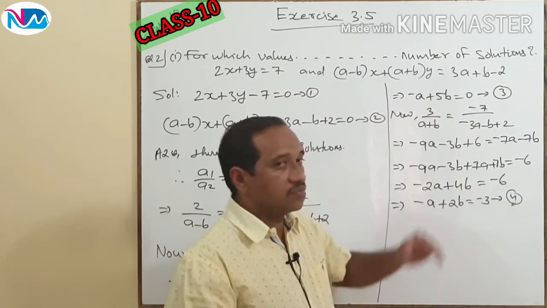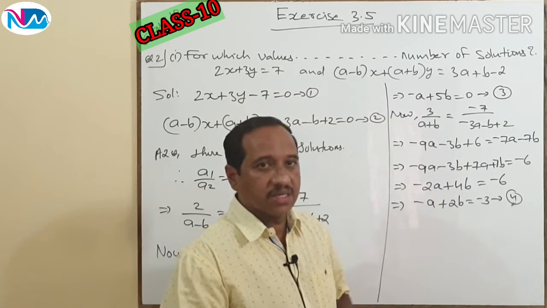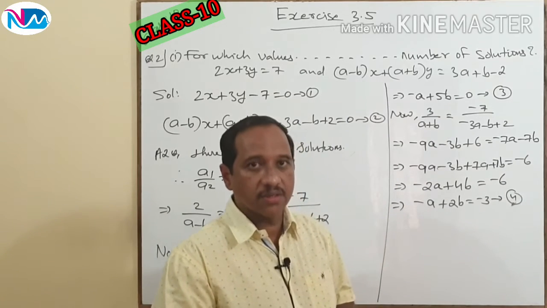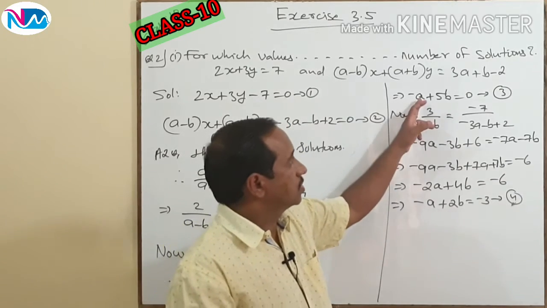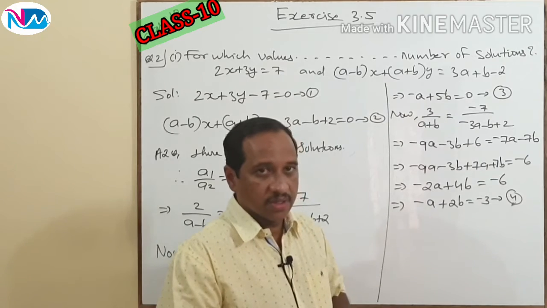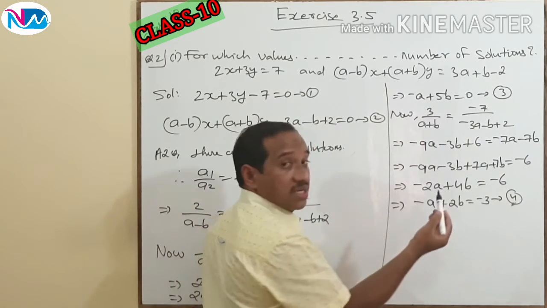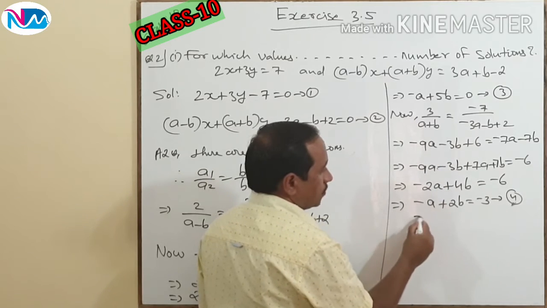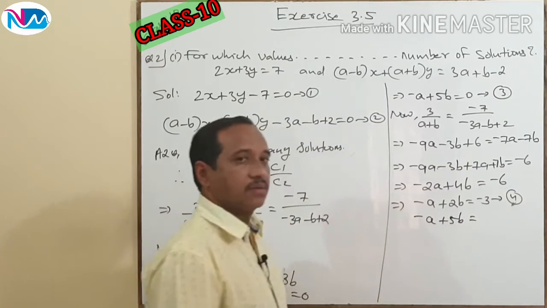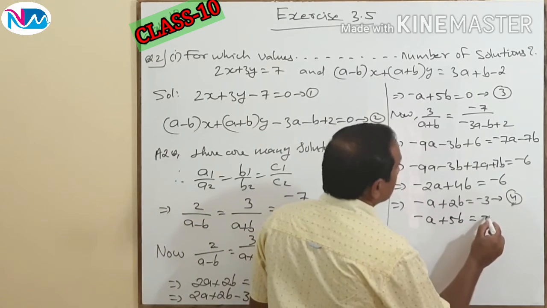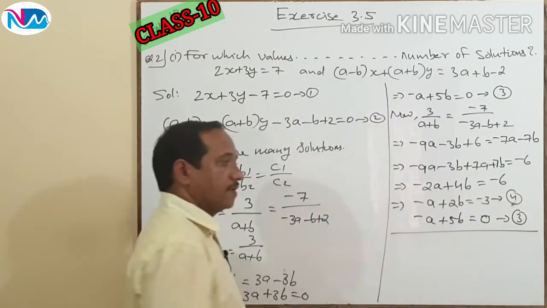Now we have to solve these two linear equations in two variables. The easy method is to solve by elimination because in both the equations you can see the coefficient of a is minus 1. So I am going to write the third equation under equation number 4. Minus a plus 5b is equal to 0, which is equation number 3.